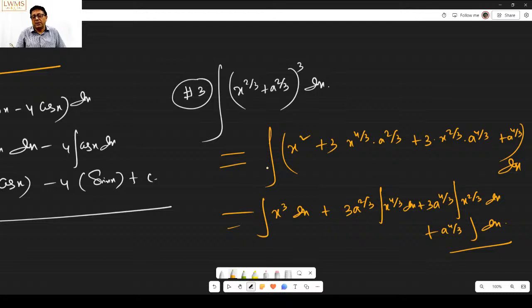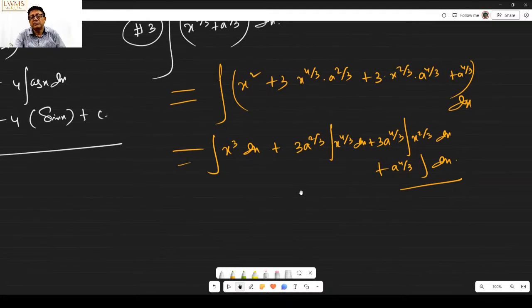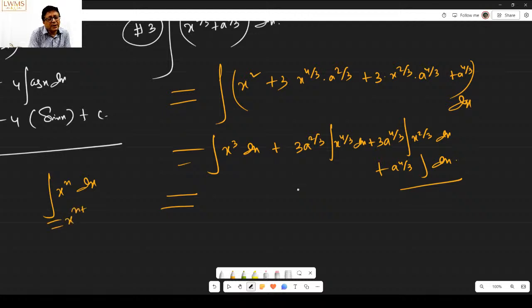Okay. Now integrate term by term. This will be what? x cube dx. You always remember those basic integral formulas. It is x to the power n plus 1 by n plus 1.